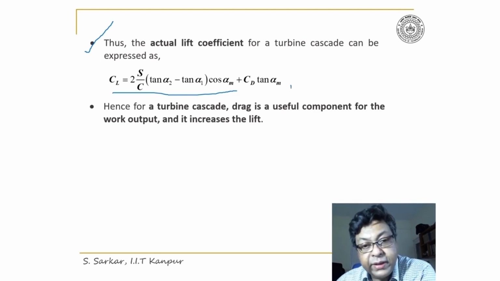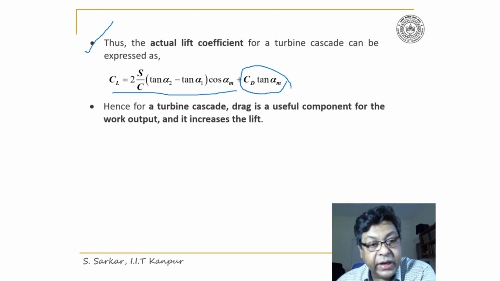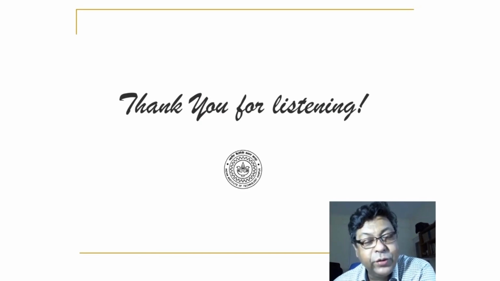Look here, the component of drag has been added to the theoretical lift. Thus, we can conclude for a turbine cascade, drag is a useful component for work output and it increases the lift. Thank you for listening.